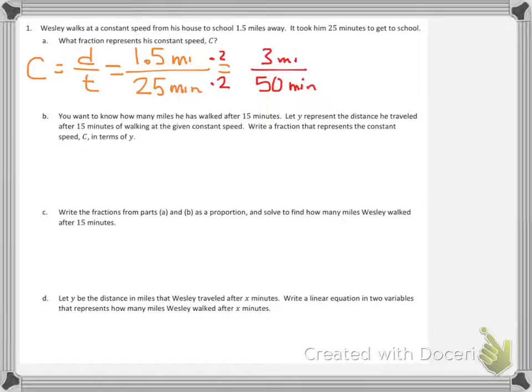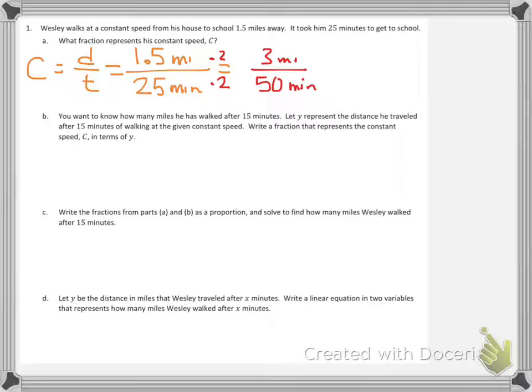And we can use that now to answer part B. You want to know how many miles he's walked after 15 minutes. Let y represent the distance he traveled after 15 minutes, and write a fraction that represents the constant speed. So I'm going to create the proportion right now because we can do that all at the same time. Parts B and C we'll do together.